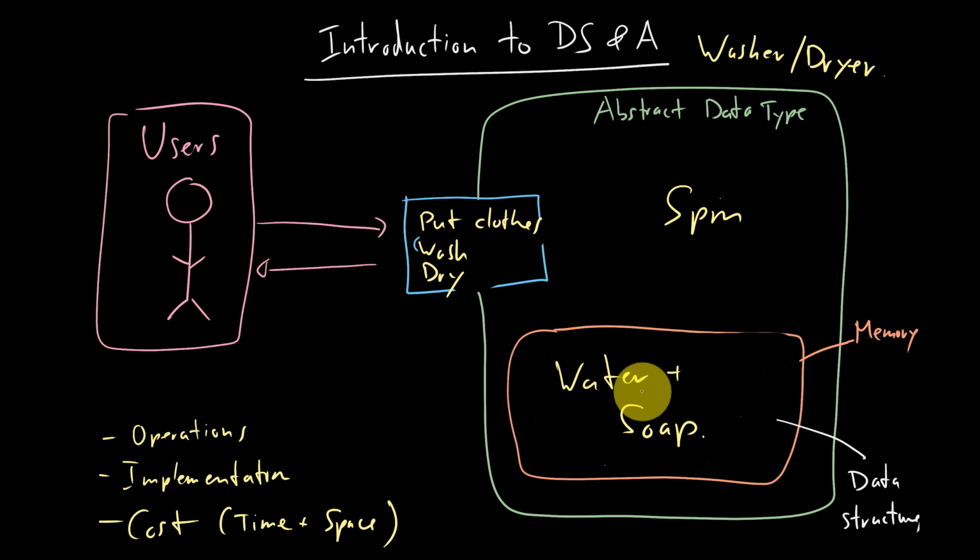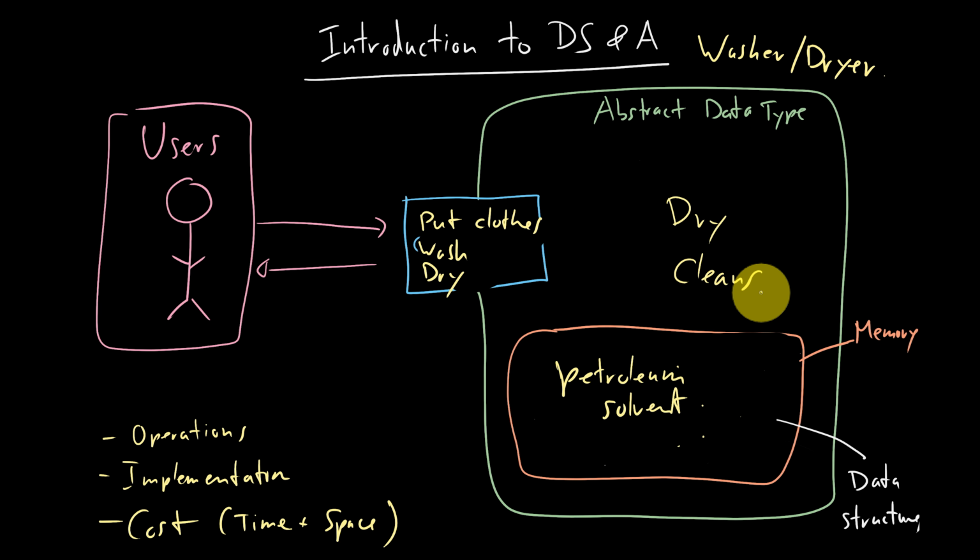That's the implementation. However, we can have another washer dryer that is totally different. This washer dryer uses petroleum solvent, and what it does is it dry cleans my clothes, right? So now this washer dryer is a little bit different, but in the end, for me as a user, it's the same thing. I just put clothes in, I wash them, and then I can dry them.